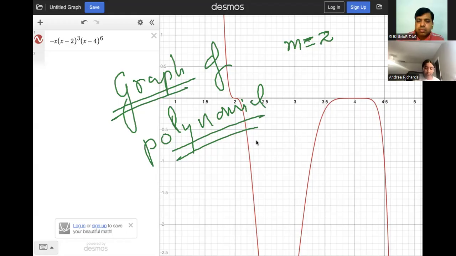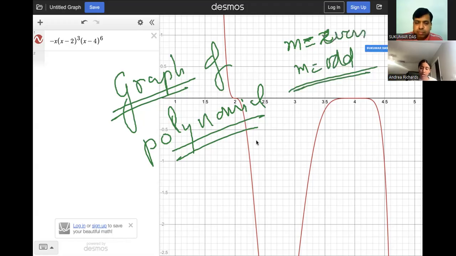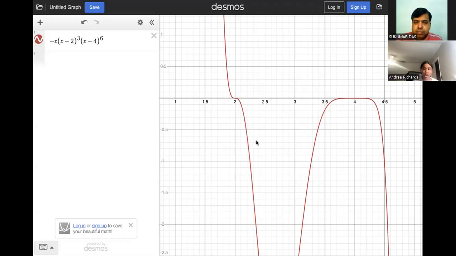Whenever m is odd, the graph will cross the x-axis, and whenever m is even, the graph will not cross it and it will just bounce off. And whenever you have a larger degree, the graph will be more horizontal. Yes, it will be flattened.